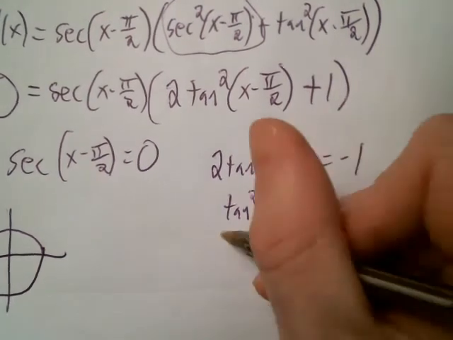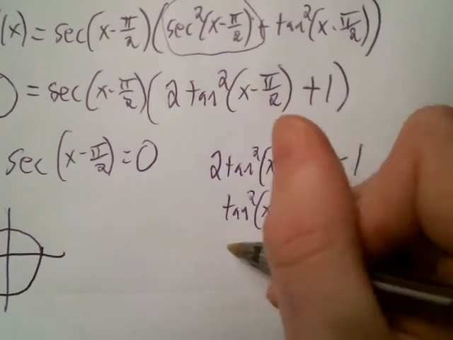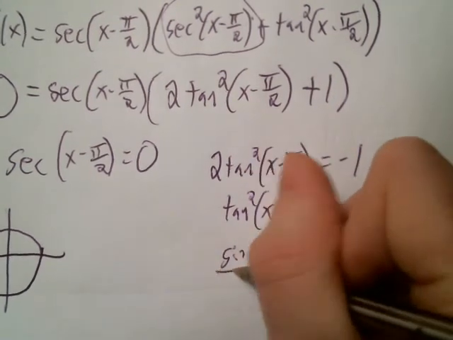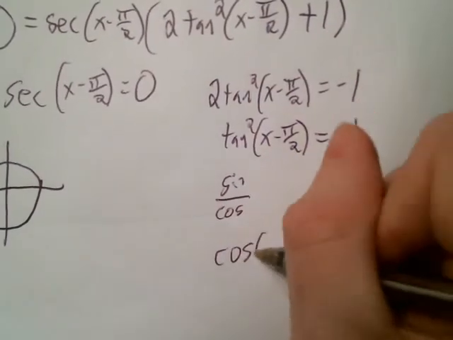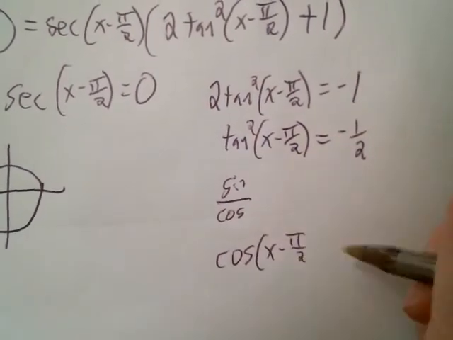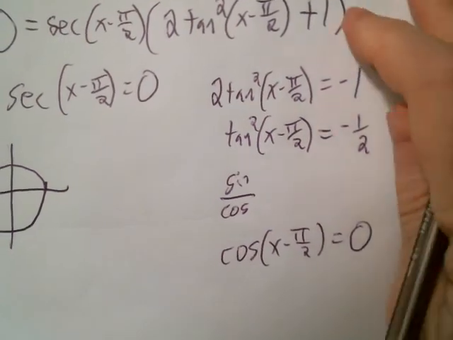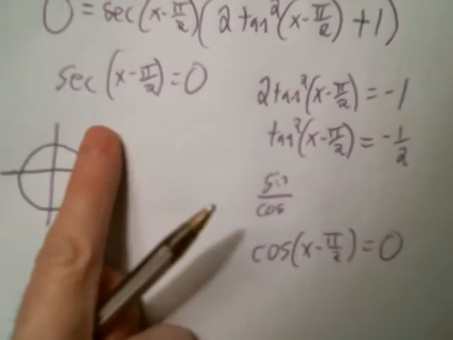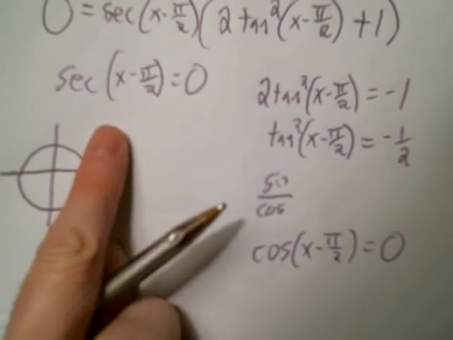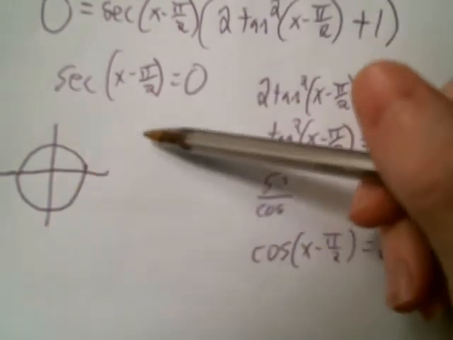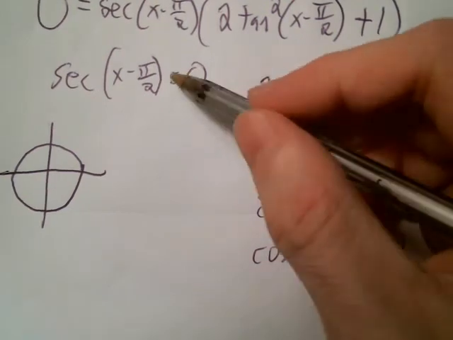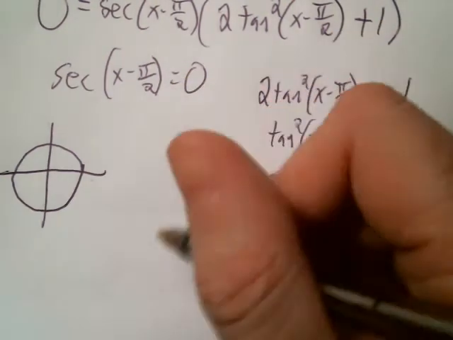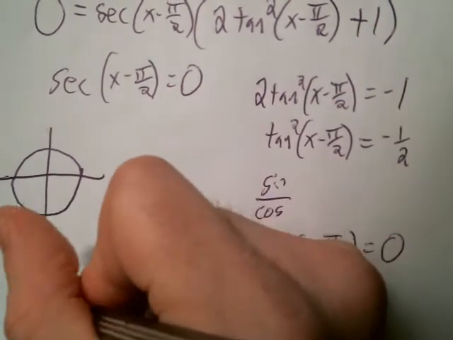So in particular, tan is sine over cosine. So I'm looking basically for where cosine of x minus pi over 2 is equal to 0. But I'm also going to be looking for those over here in this equation because secant is just 1 over cosine. So I need to worry about secant. If you think about what secant looks like, the thing will never equal 0, right?